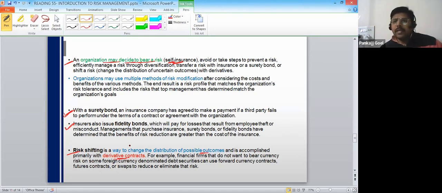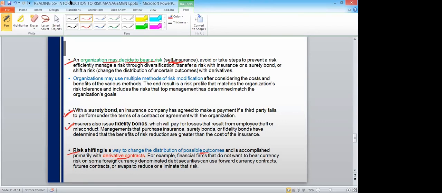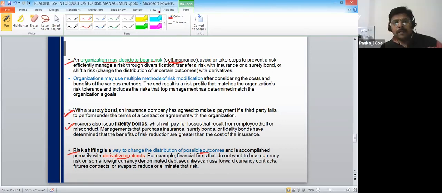Then I have to make more payment in future if I have to pay in foreign currency terms. So I buy a derivative contract so that that kind of risk is mitigated. So that is basically risk shifting. Is this point clear? Yes sir.